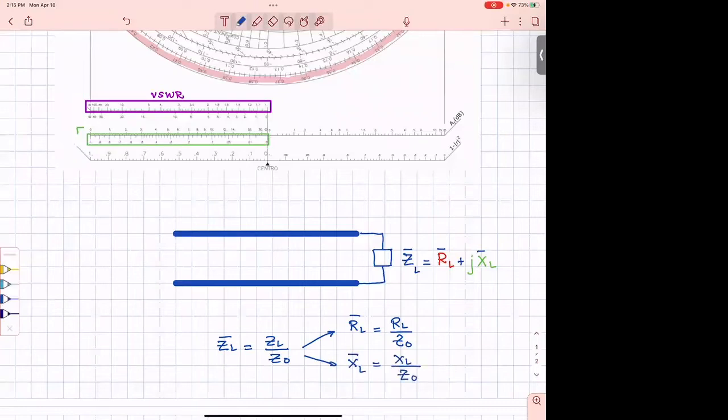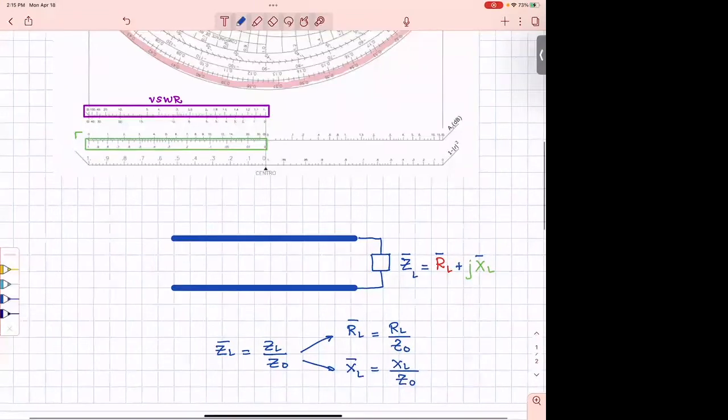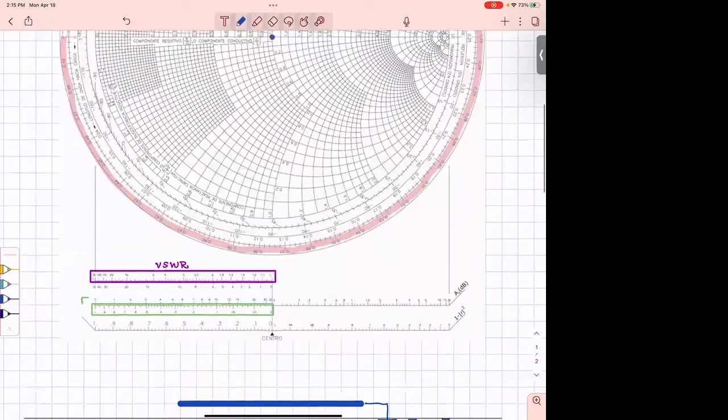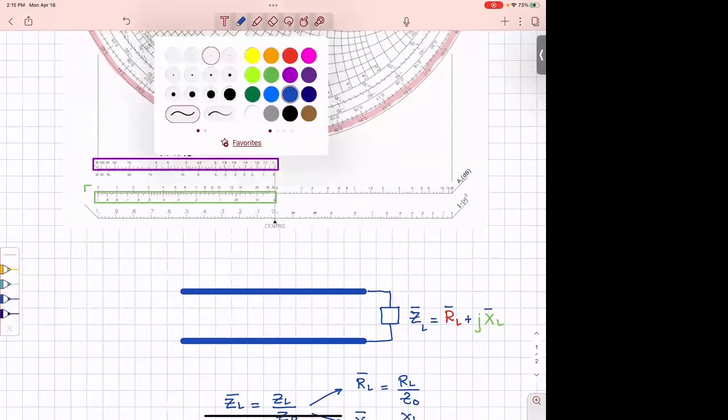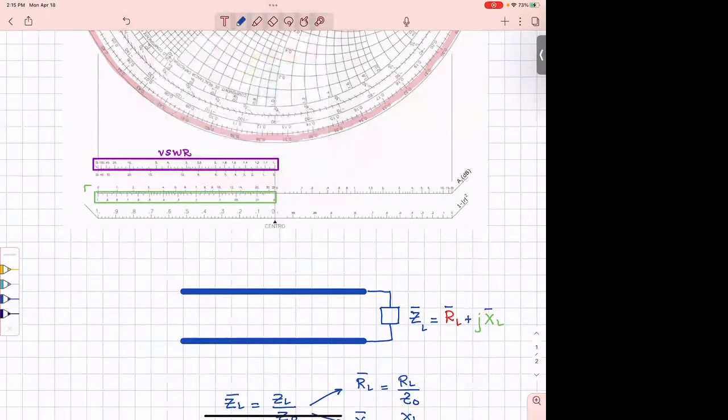All right? So everything, that's why you're not gonna see ohms, you're gonna see just numbers. So now, if I start moving, you remember the two ports. This is the port where I place my generator.